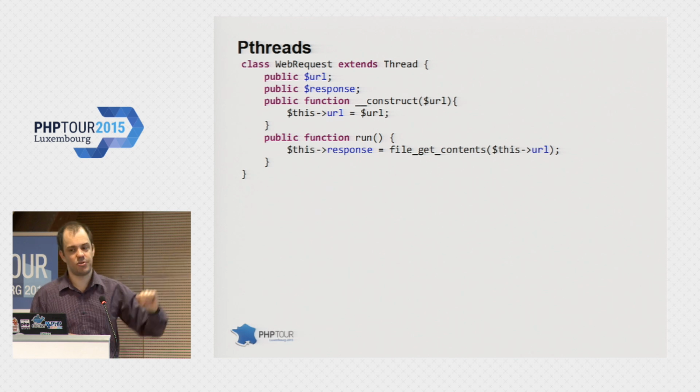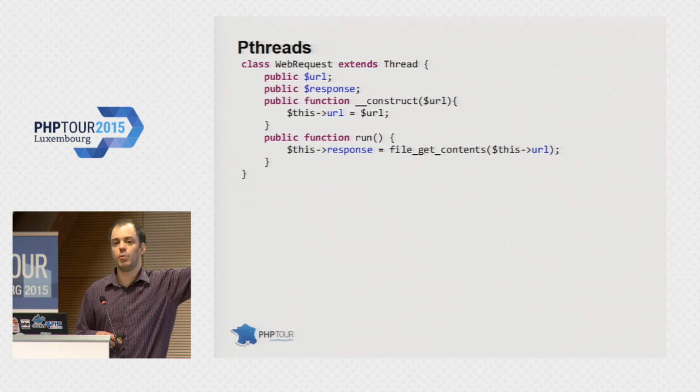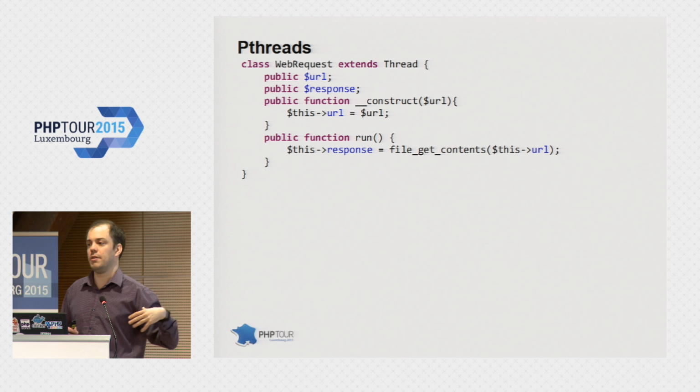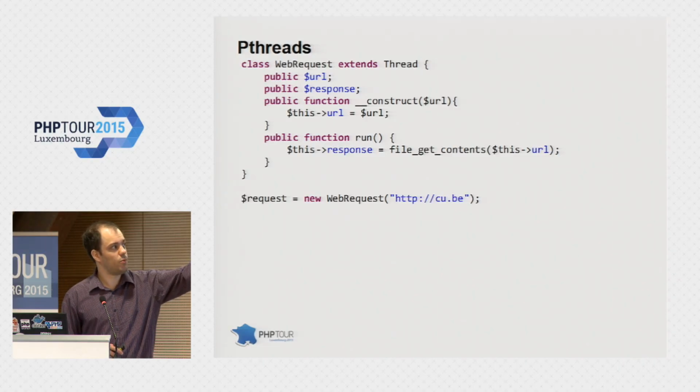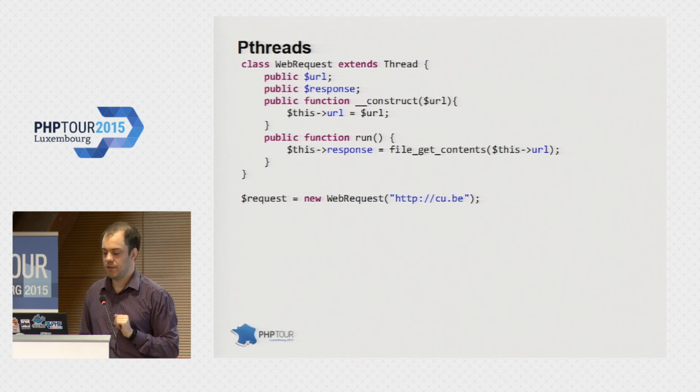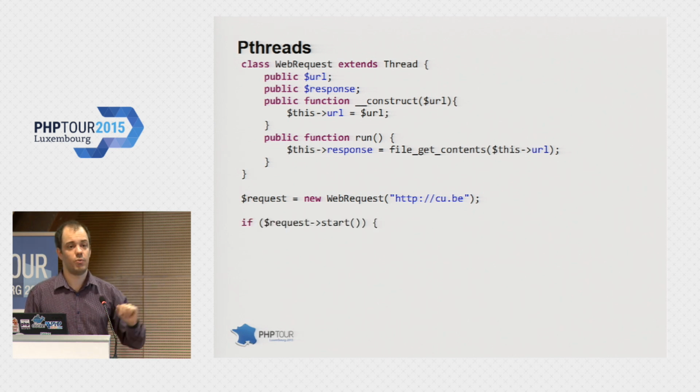In this case, it's just going to do file_get_contents. Now, if we were to run file_get_contents on, let's say, a big file of 100 megabytes, that could take a few seconds. We don't want our user to wait those few seconds, so we put this in an asynchronous process. And then we can just say, okay, I'm going to create a new WebRequest. I want that URL to be requested, and I'm going to start that request.